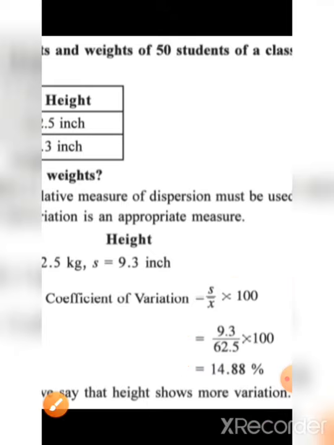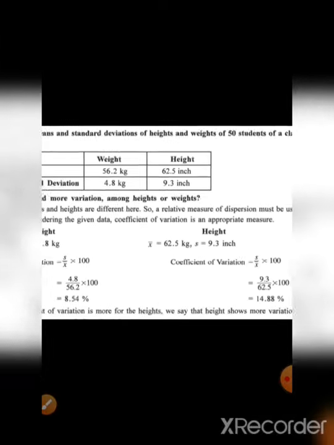Now, in the question they had asked about more variation, whether among the heights or the weights. More variation means a higher percentage of coefficient of variation; with a lower percentage of coefficient of variation, the variation would be less.